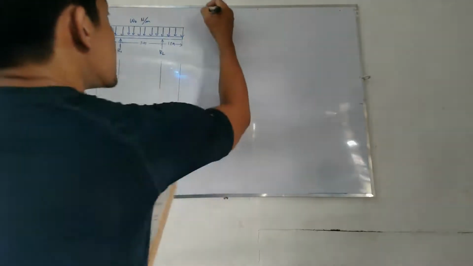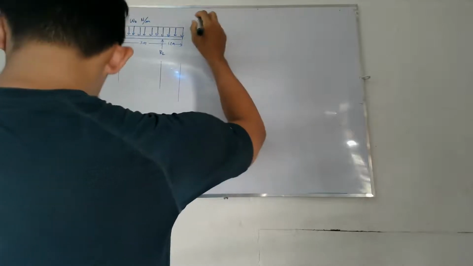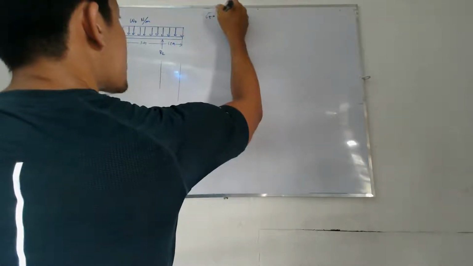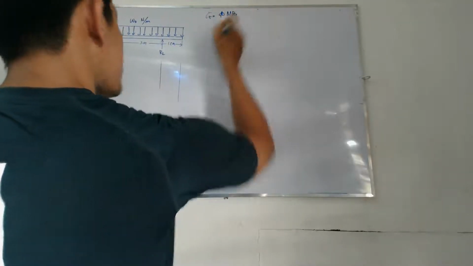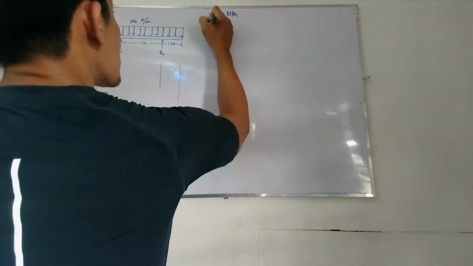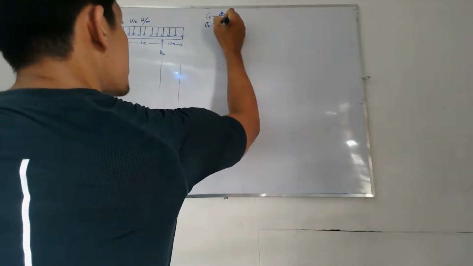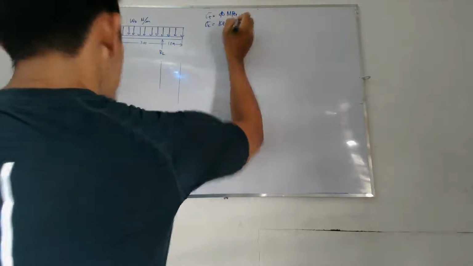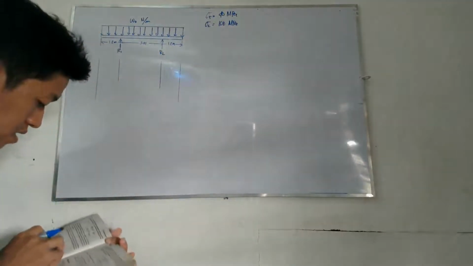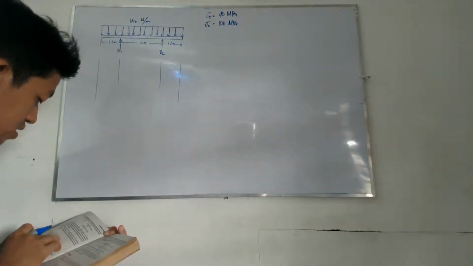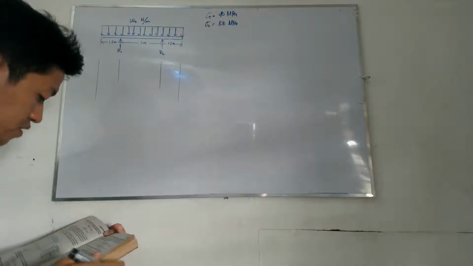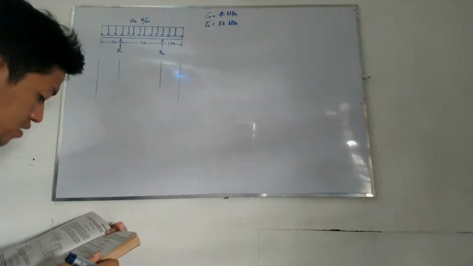Tensile 40 megapascal. Compression 100 megapascal. If the properties of the cross-section are shown, determine the maximum uniformly distributed load that can be supported.